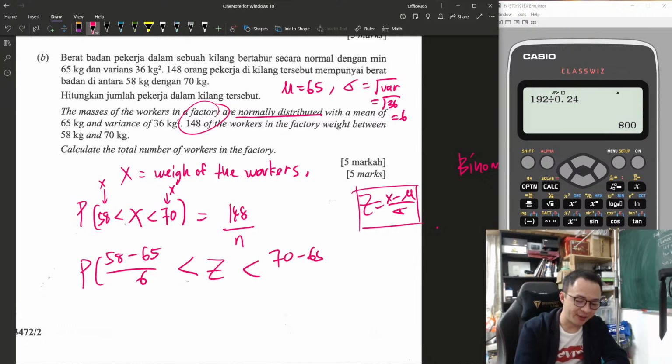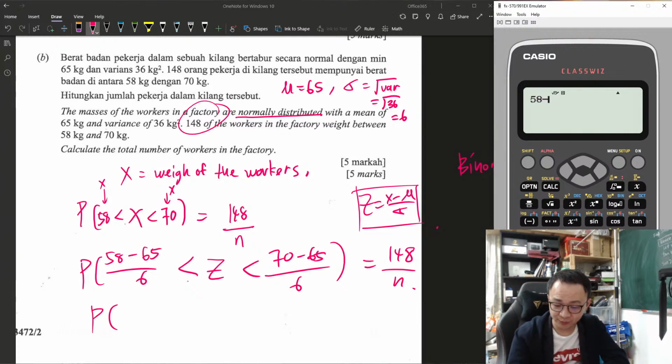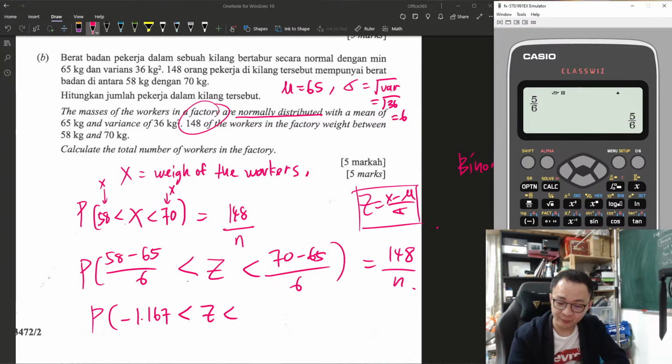You can see I easily change everything into the Z. Definitely, I don't like this fraction, I will change it into the decimal. Divided by 6. Okay. This is negative 1.167. This is 5 over 6, 0.833.